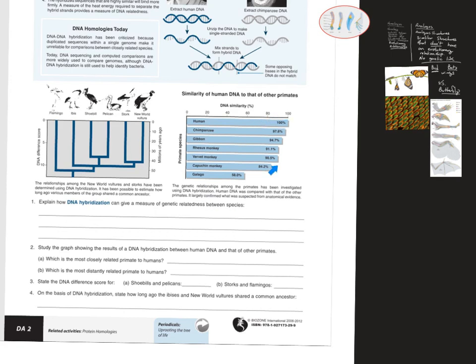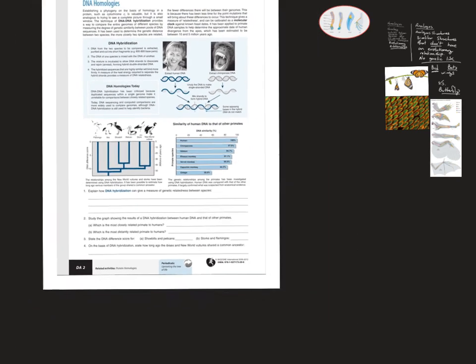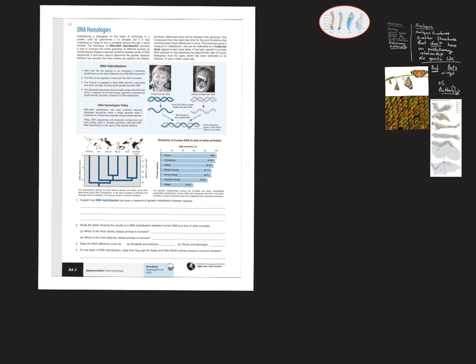And when you compare primates to other organisms, to humans, you see that their DNA is further separated. They don't have as much similarity. Our DNA is not as similar to other organisms as we are to primates. Well, that should make sense, right? Because when you're looking at creatures like primates, we all have very similar structures, and we have these structural homologies.